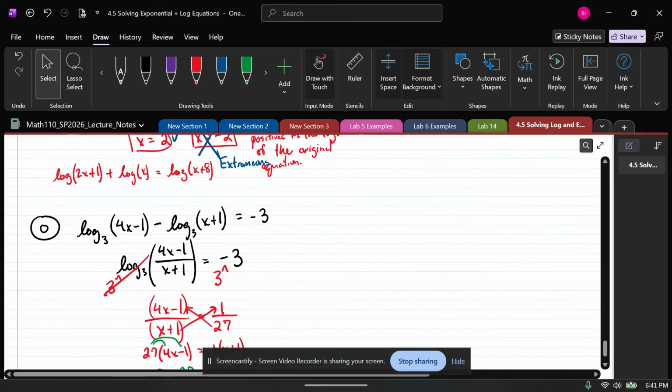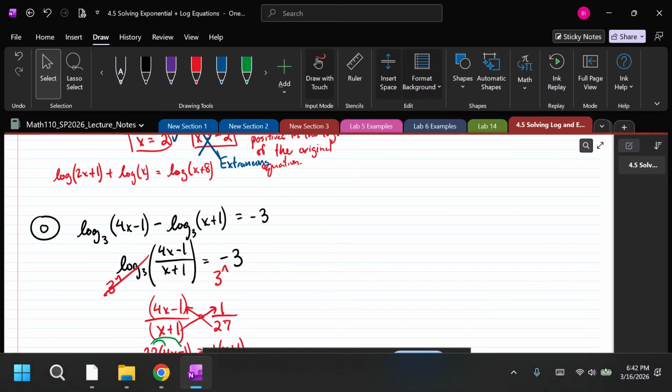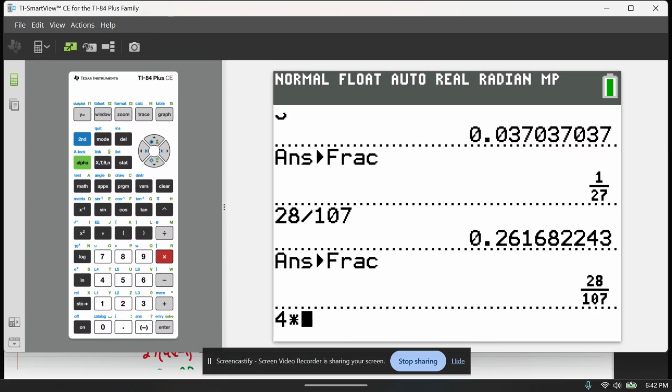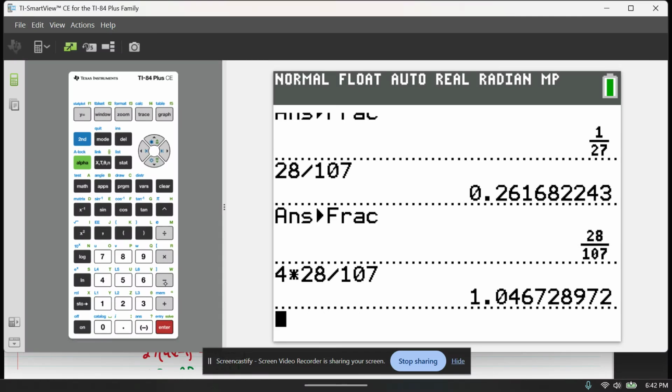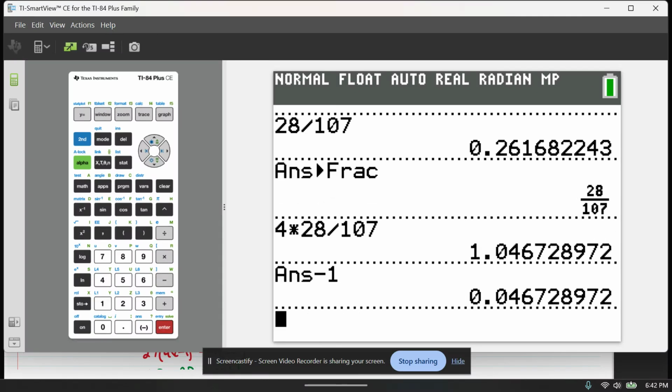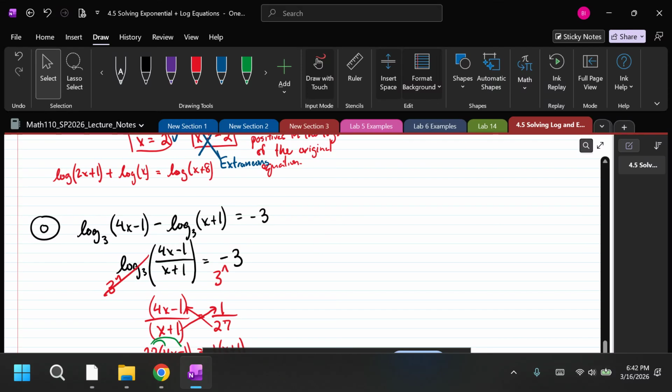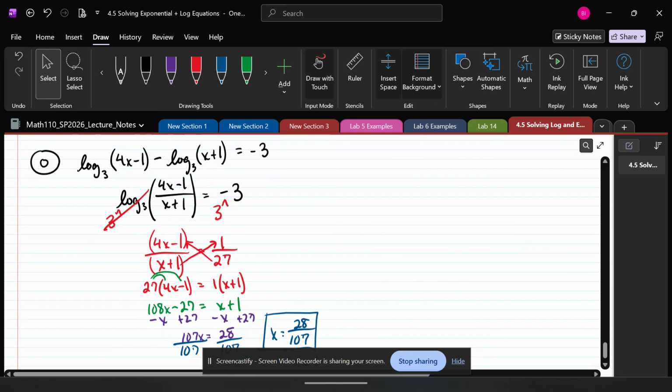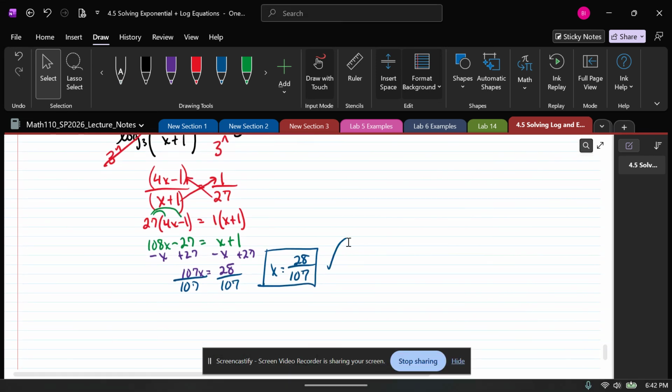But if I go back to the original, 4 times a positive fraction there, 4 times 28 divided by 107 minus 1. It's a decimal, but it's still positive, so that part's okay. And then the other logarithm in there was x plus 1. If I add 1 to something that's already positive, it's going to be positive too. So that works. That one checks as okay for both of those.